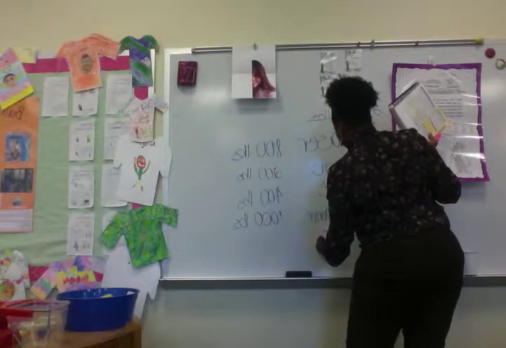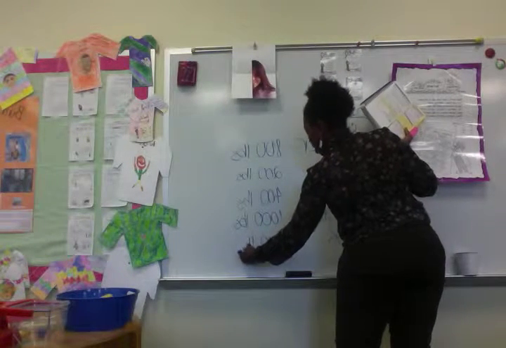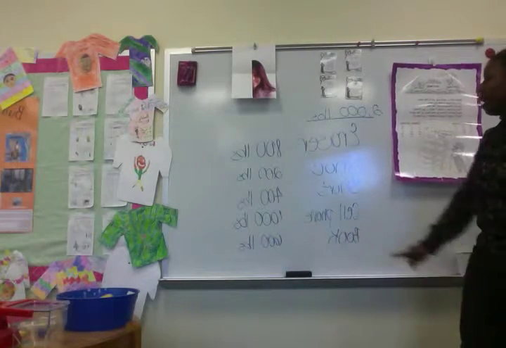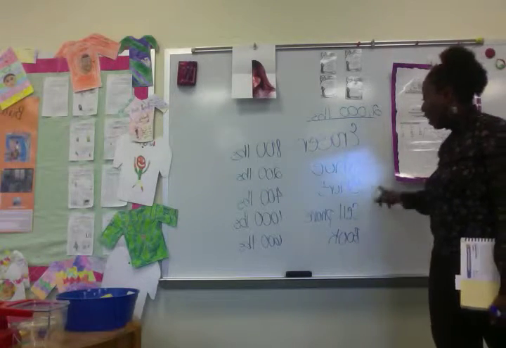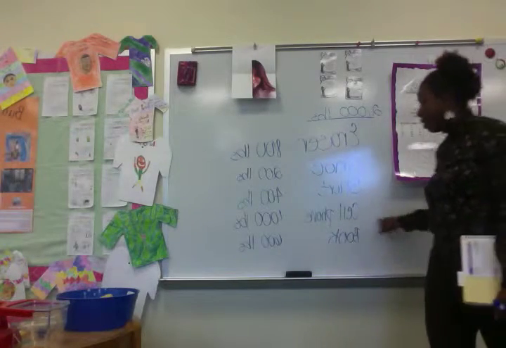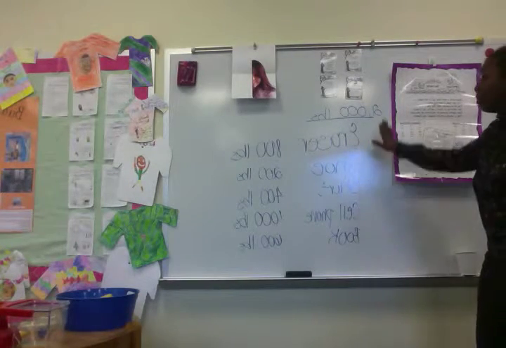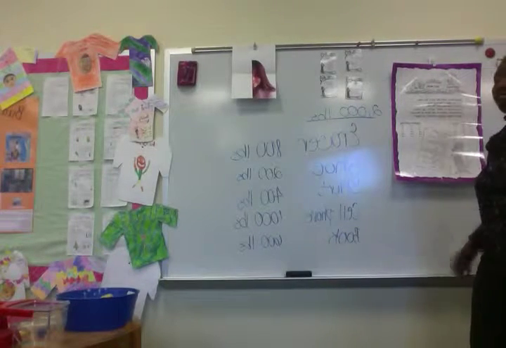Let's add a book. We have an eraser, which is 800 pounds. We have a shoe, which is 200 pounds. We have a shirt, which is 400 pounds. Cell phone, 1,000, and the book, 600 pounds. Which ones can we add up to get a ton?